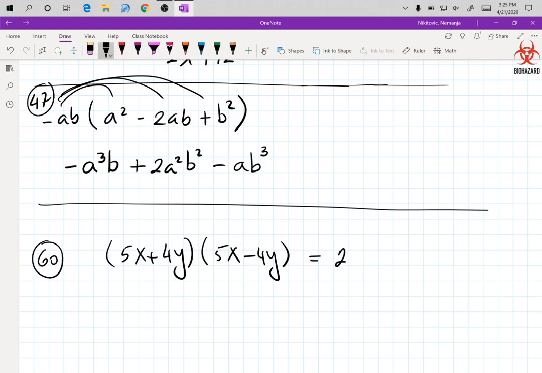That means that it's going to be 25x squared minus 16y squared as the answer. Now if you FOIL, you will also have plus 20xy minus 20xy, and those would cancel. So you have to be careful.